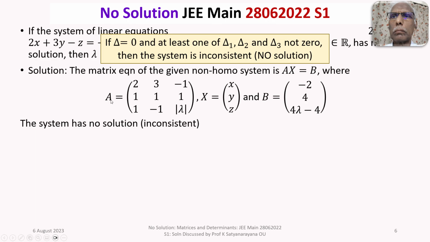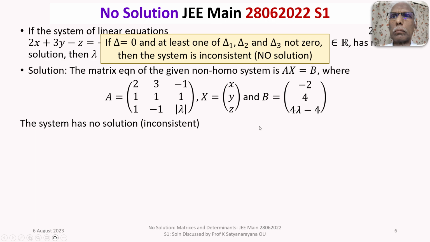Delta is the determinant of the coefficient matrix, determinant of A. If delta is equal to 0, and at least one of delta 1, delta 2, delta 3 is not 0, then the given system is inconsistent, that is, it has no solution. What is delta 1? Delta 1 is the same as delta with the first column replaced by the column vector B. Similarly, delta 2, delta 3.